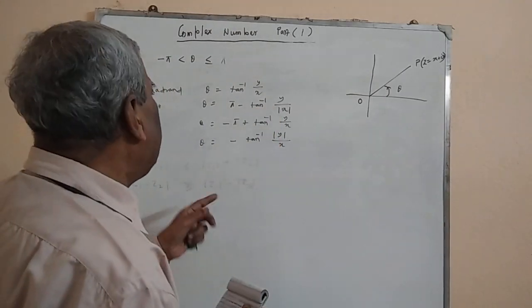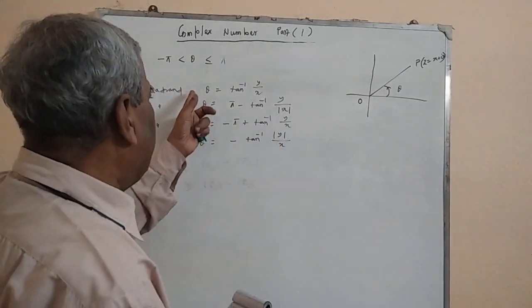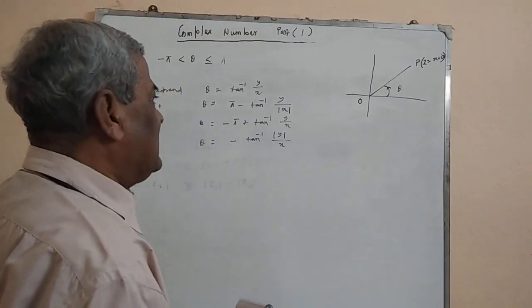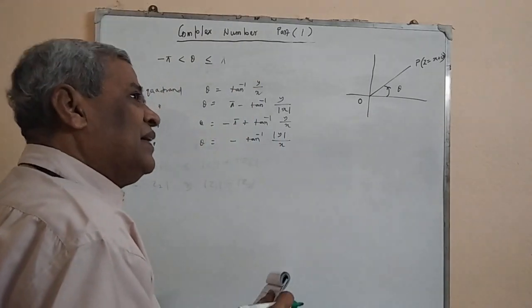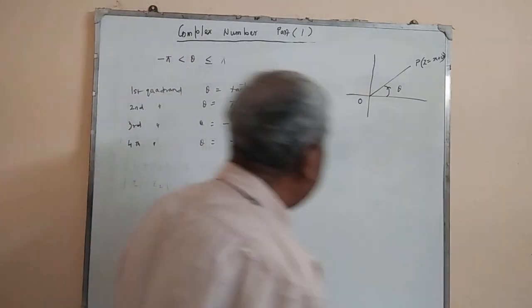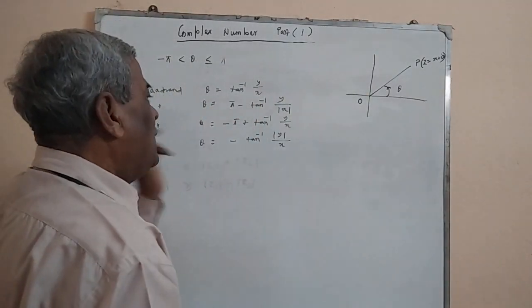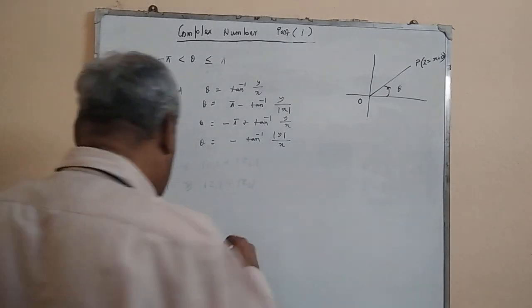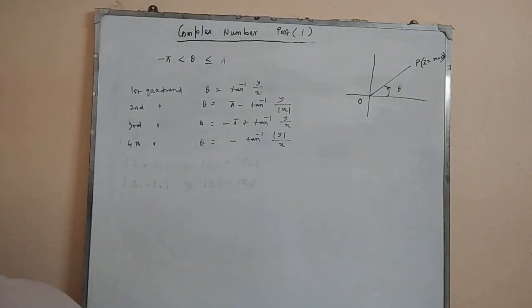So if we keep all these things in mind, then if any complex number is given, you can very easily calculate its argument.